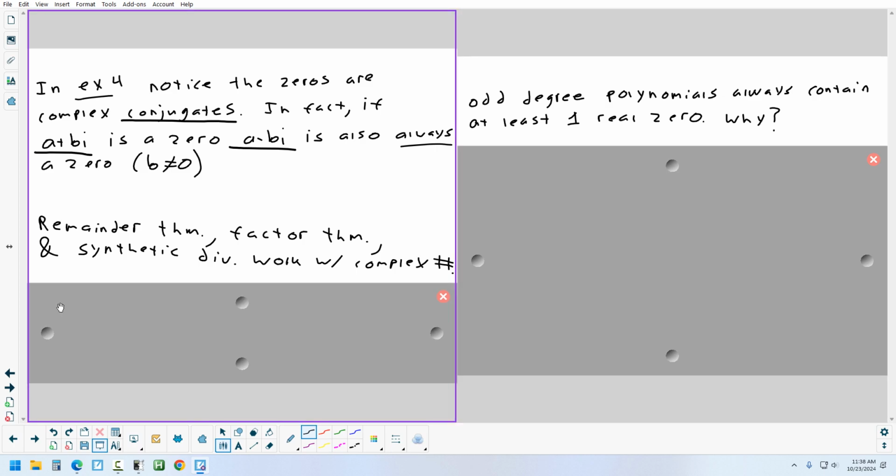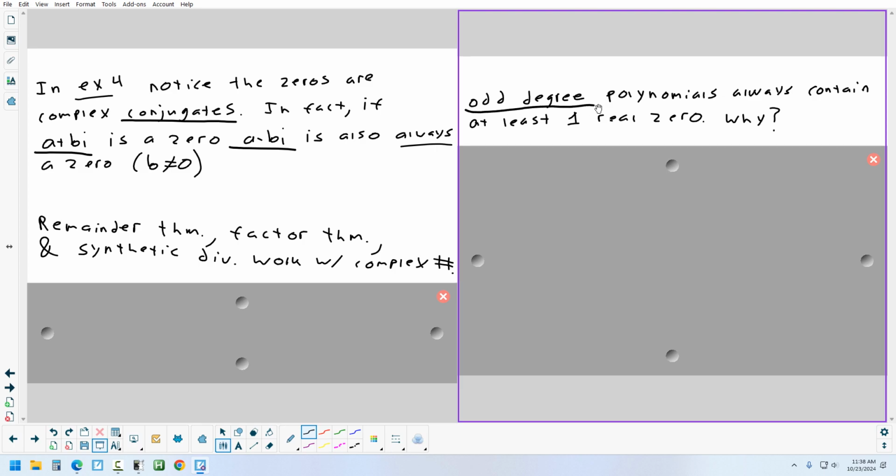So here, I'm saying something kind of important. If a polynomial has an odd exponent as its highest exponent, it will always have at least one real 0. What does it mean on a graph when you have a 0?